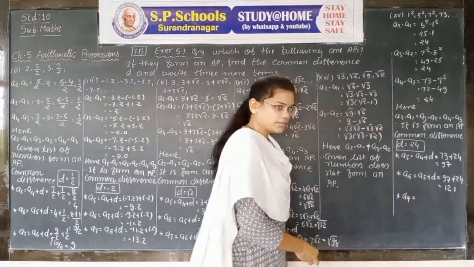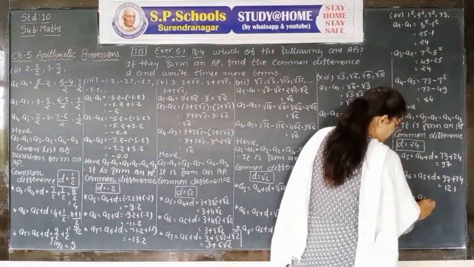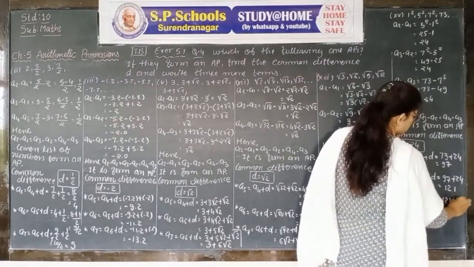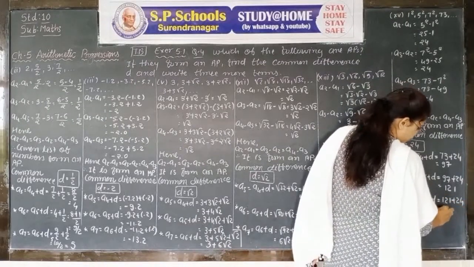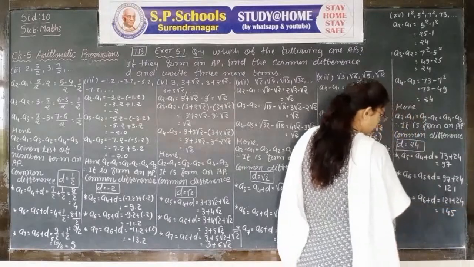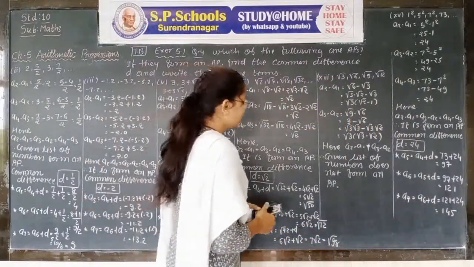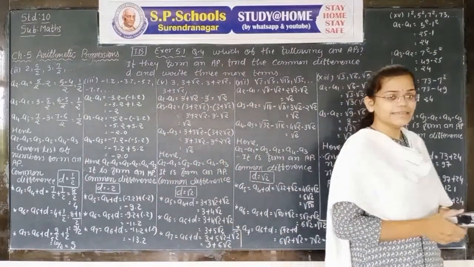The seventh term is obtained by A7 equals A6 plus D, where A6 is 121, plus 24 is equal to 145. So 97, 121 and 145 are the next required three terms of the AP.